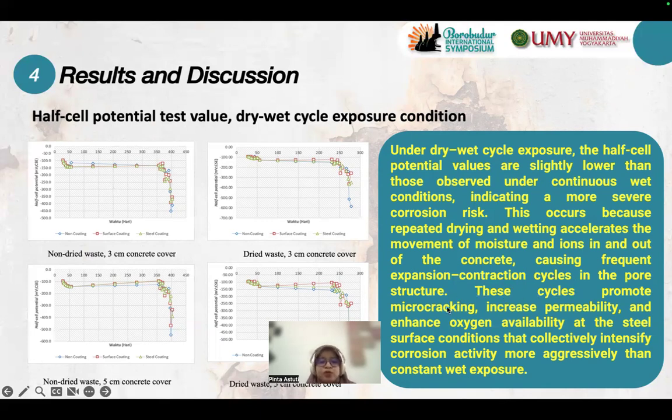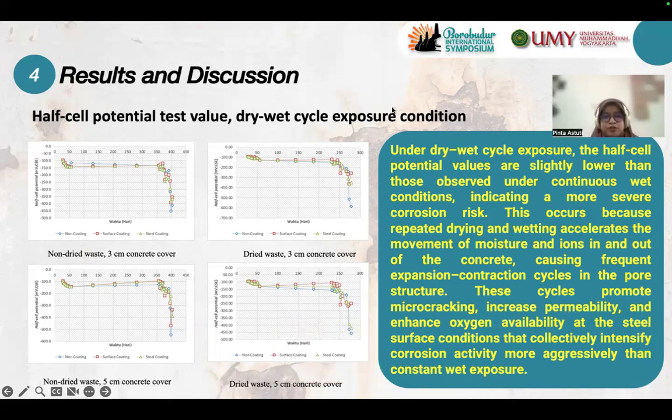This cycle promotes microcracking, increases permeability, and enhances oxygen availability at the steel surface, conditions that collectively intensify corrosion activity more aggressively than constant wet exposure.